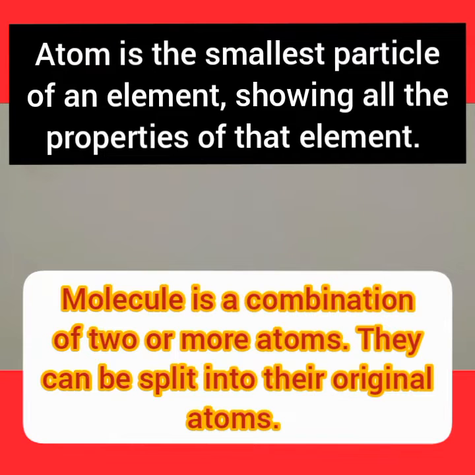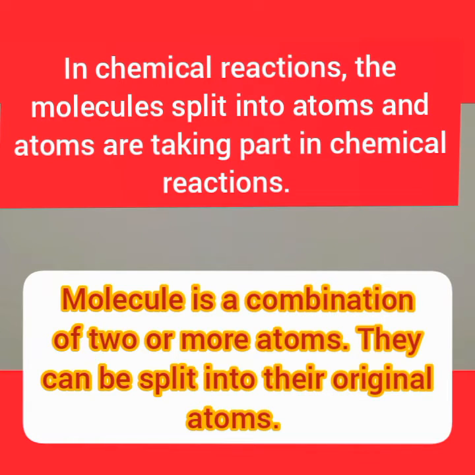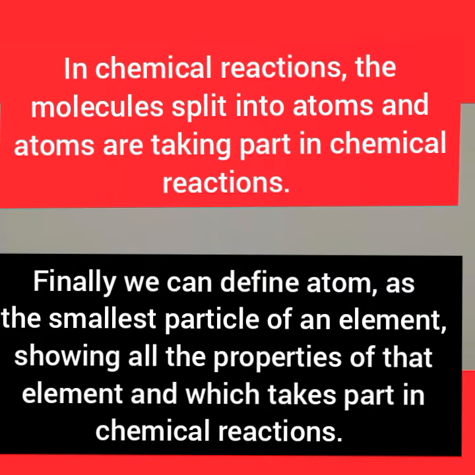So in chemical reactions, that is our point of interest, because we are going to study chemical reactions, only then do our difficult situations appear, right? So finally we have to consider atoms. Let us redefine like this: atoms are the smallest particles of elements which take part in chemical reactions.